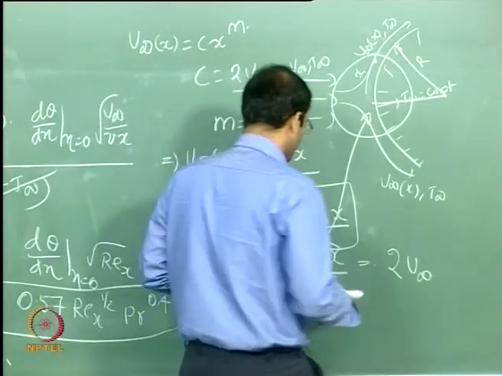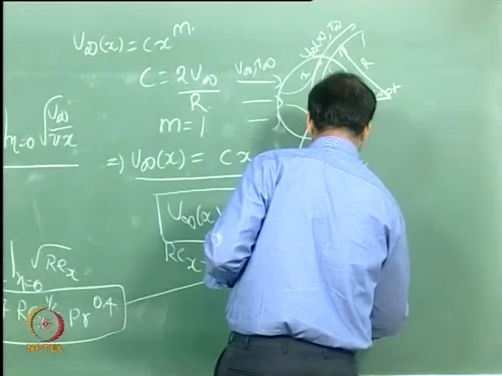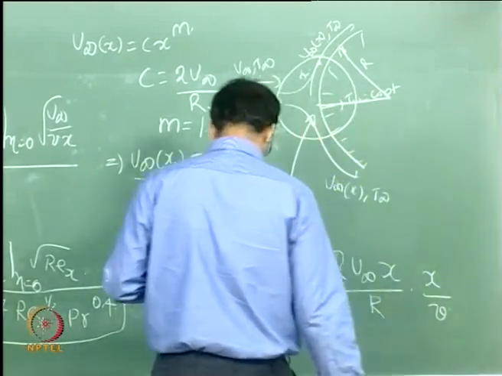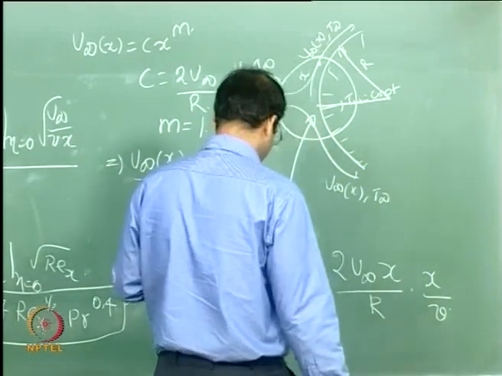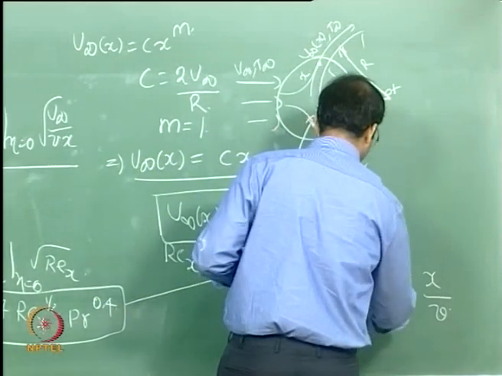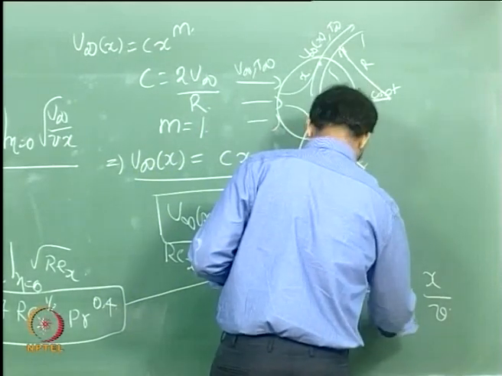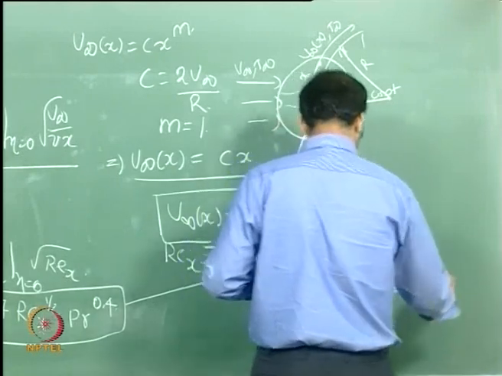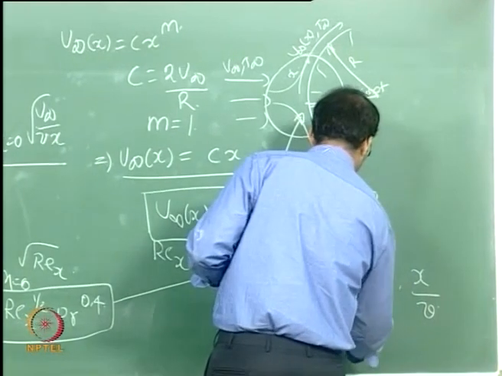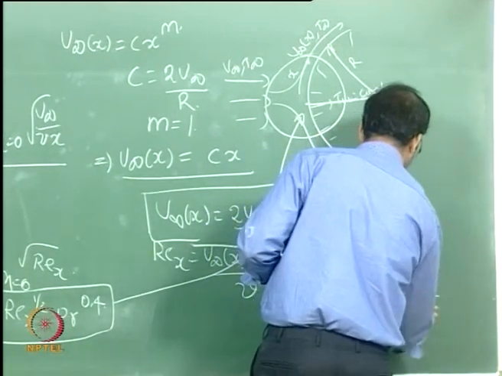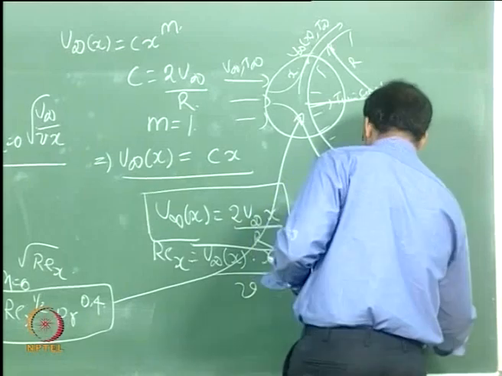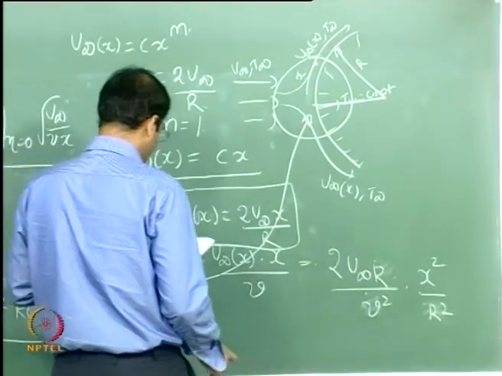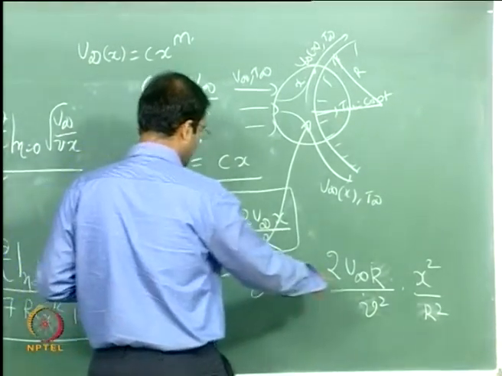If you do that, this will be 2 u infinity x by r into x by nu. Now I can multiply and divide by r, so this is r, and there will be an x square by r square. This is how my local Reynolds number is related.